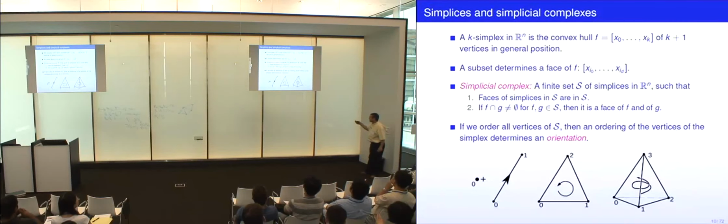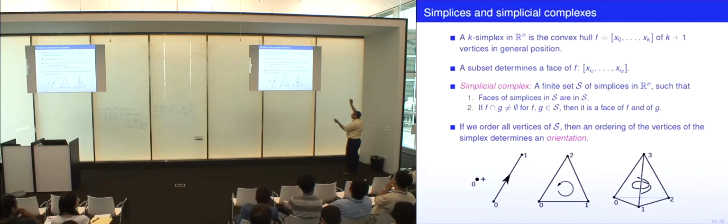And as I say, I'm going to have an orientation on these guys. So let's assume that all the points in our simplex are numbered from 0 up to something in some order. Then when I orient a point, all the points have a plus sign. They're oriented as positive 1. The edges are oriented if they're traversed from lower to higher vertex.